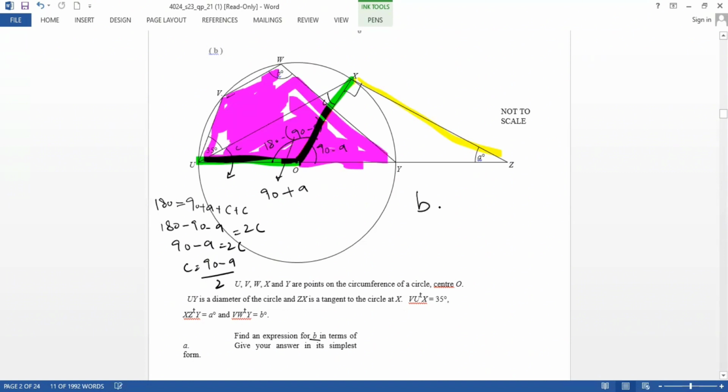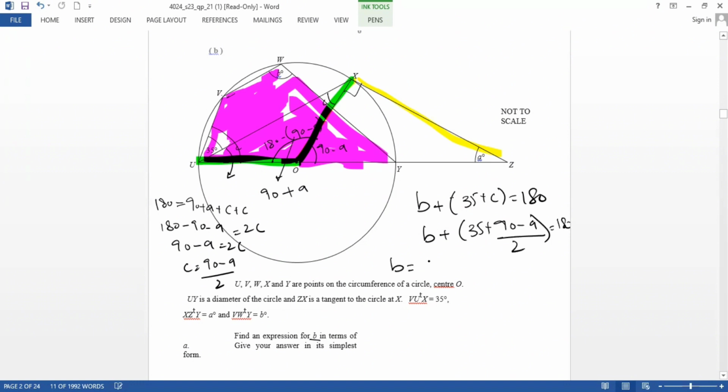So B, as we know that in this quadrilateral, B and the opposite angle will be equal to 180. So B plus 35 plus C, which is 90 minus A divided by 2, equals 180.